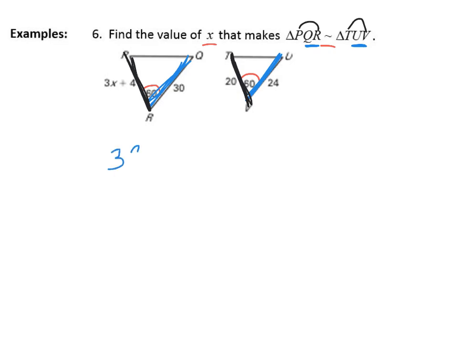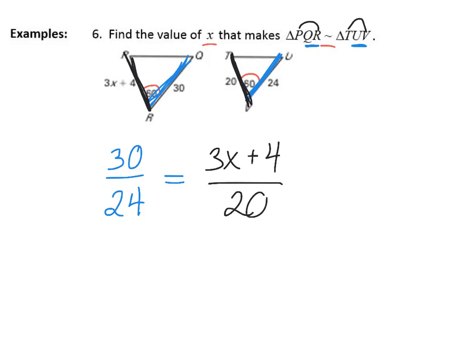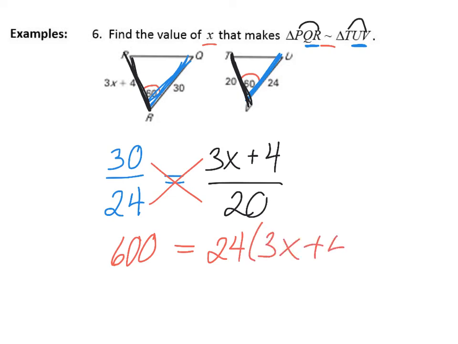So we'll start with the blue sides. We can say 30 to 24. That ratio should be equal to 3x plus 4 over 20. Once I have my proportion set up, we can cross multiply and solve. So I'm going to end up with 600 equal to, we're going to have 24 times 3x plus 4.